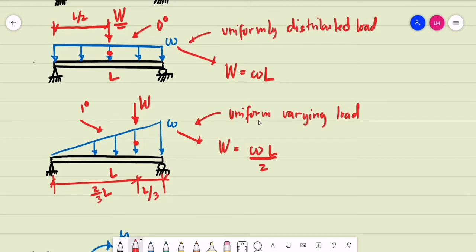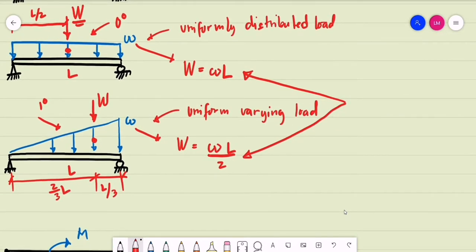If we are to observe, in the computation of the single equivalent forces of these two loadings, on the rectangular load, that is the uniform load times the span. On the triangular load, that is the uniform load times the length divided by 2.